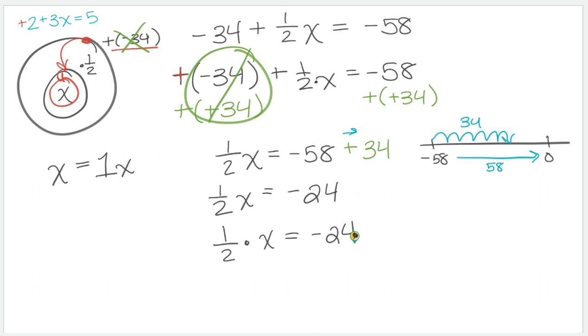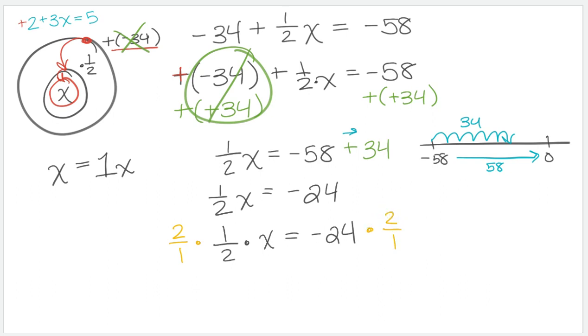In order to make this 1/2 into a 1, I know I need to multiply it by the reciprocal of 1/2. The reciprocal of 1/2 is 2/1. And anything I do to one side, I have to do to the other side.